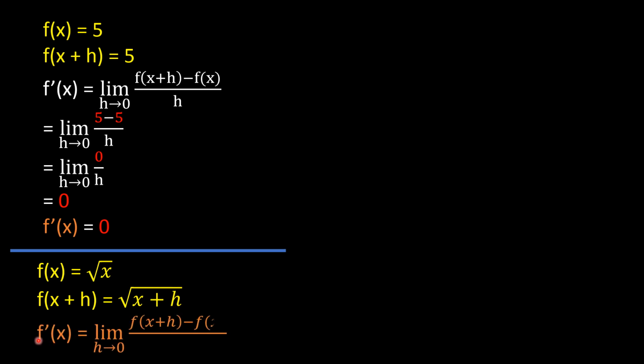We have the derivative by the first principle f dash x equals limit of f of x plus h minus f of x upon h as h approaches 0. Let's put the values. F of x plus h is under root x plus h minus f of x, which is root x, divided by h.